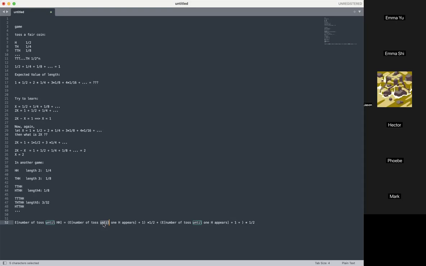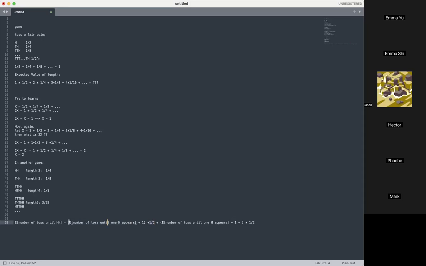If the first H appears and then we get an H, we can stop the game, right? The length is just the length of this +1, because this is the number of tosses until one H appears, and we just need to toss one more time, and if we get an H, which has a probability of 1/2, we can stop there.